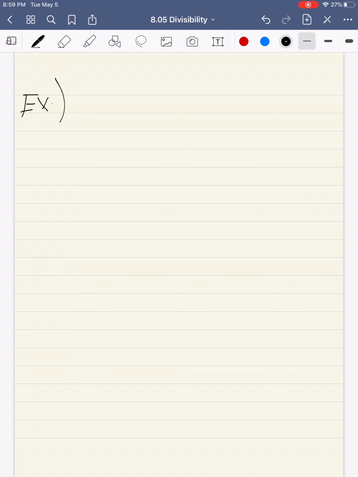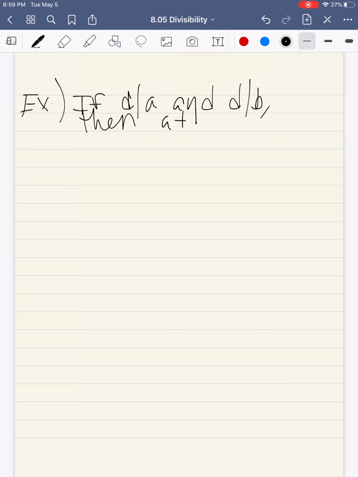So our first example here is, if d divides a and d divides b, then d divides a plus b, the quantity a plus b.